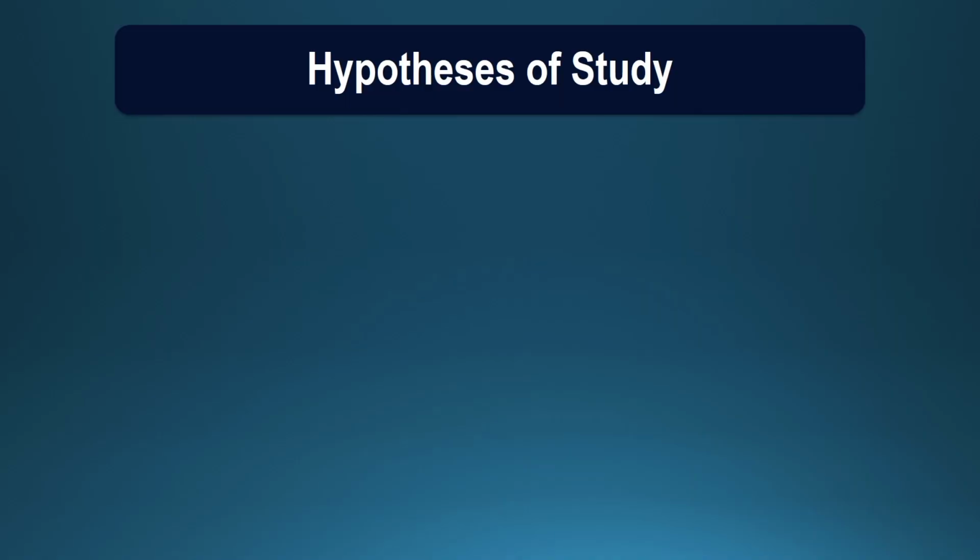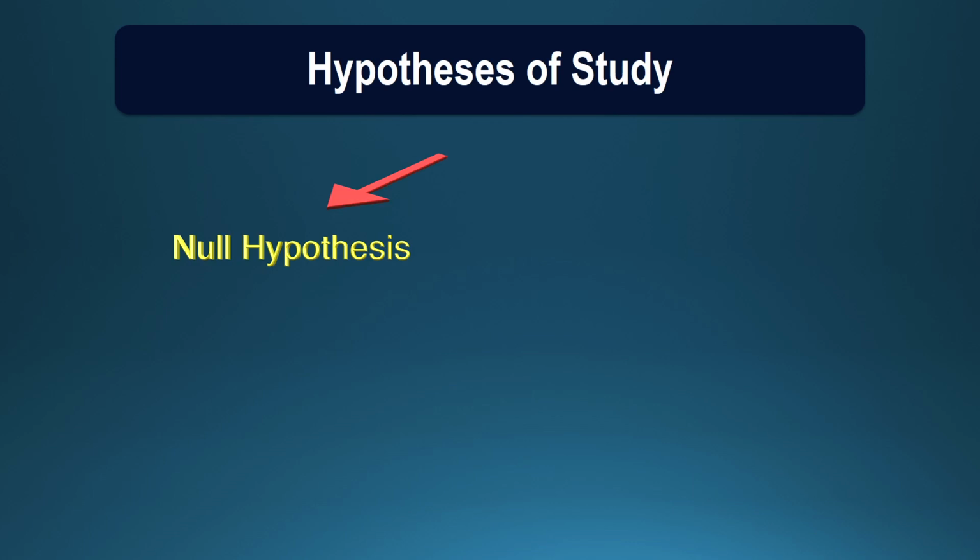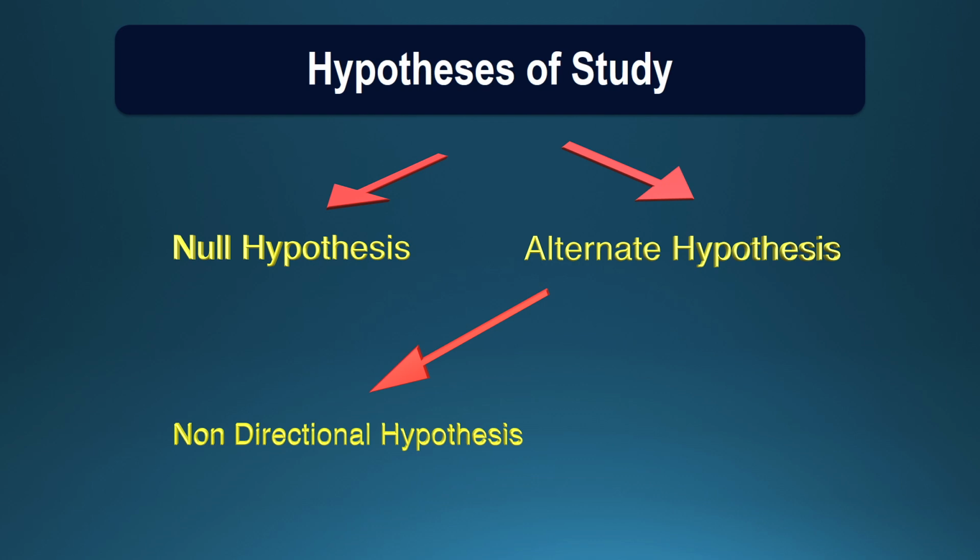Another factor which can affect the selection of the technique is the hypotheses of study. The hypothesis, as you have already learned, can be null hypothesis or alternate hypothesis, and under the alternate hypothesis, the hypothesis can be non-directional or directional hypothesis.